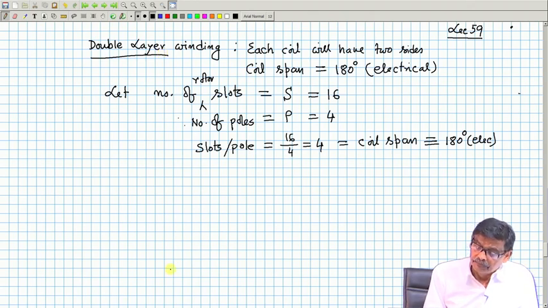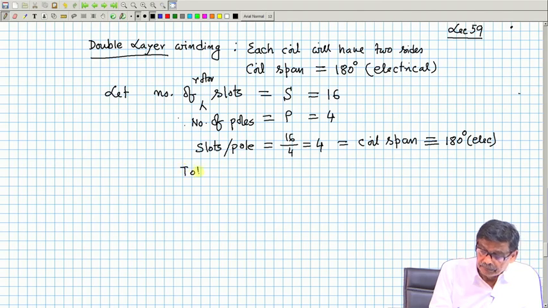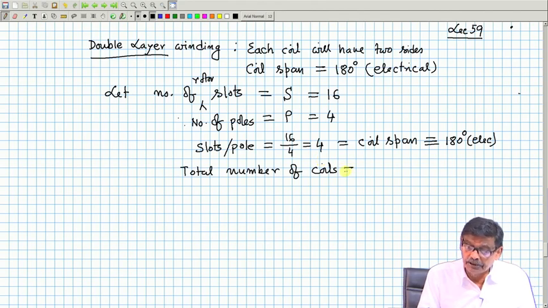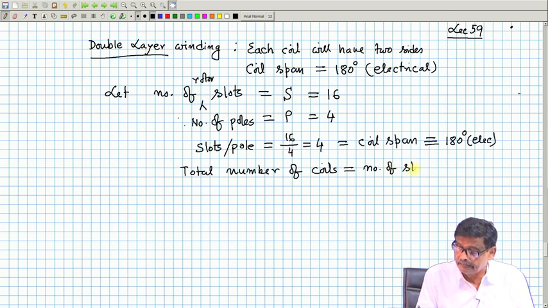Therefore, total number of coils has to be equal to number of slots, that is equal to S, that will be equal to 16, is it not?